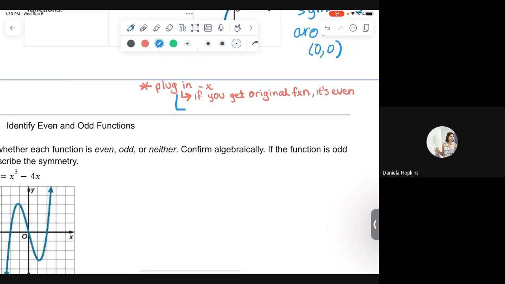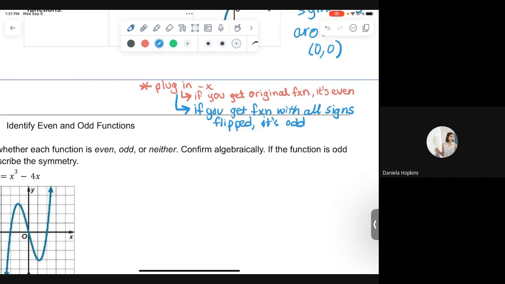If you get a function with all signs flipped, and I'm going to show you what I mean by that, all signs flipped, then it's odd. So if you get a function with all of the signs flipped, it's odd.